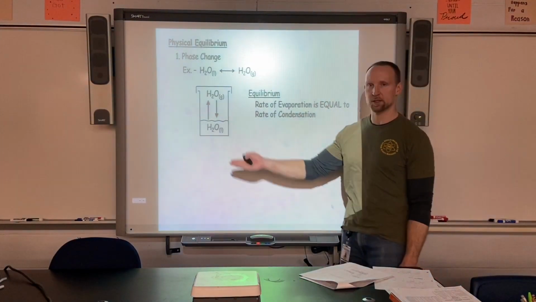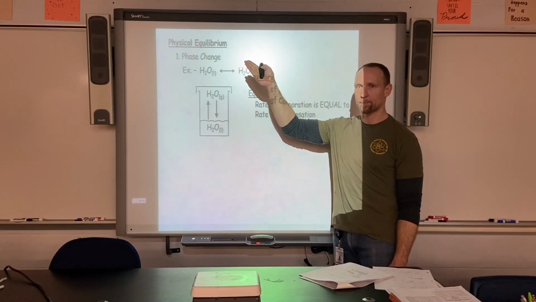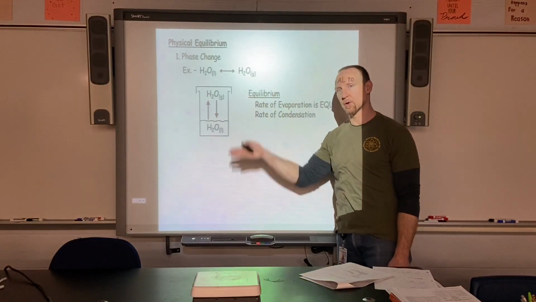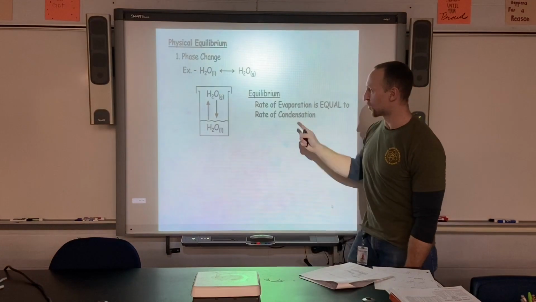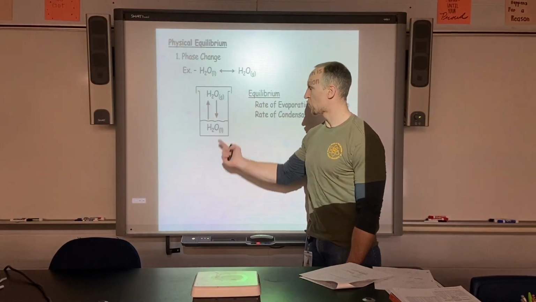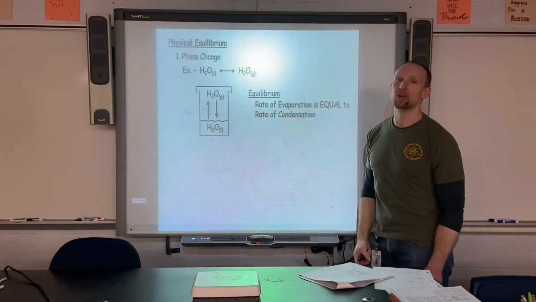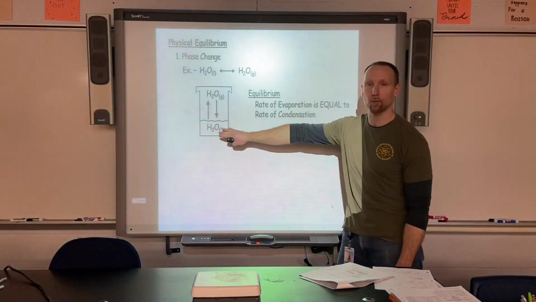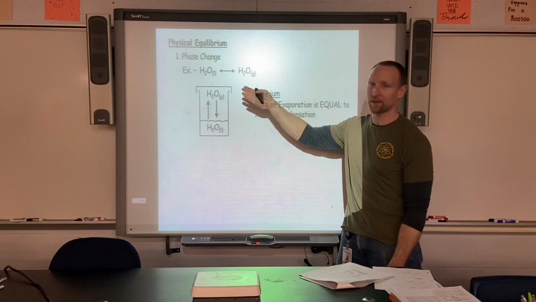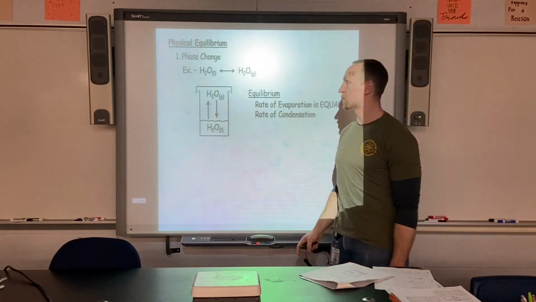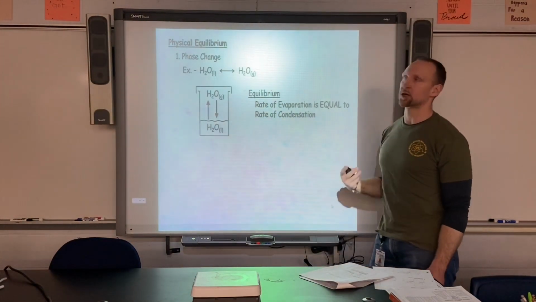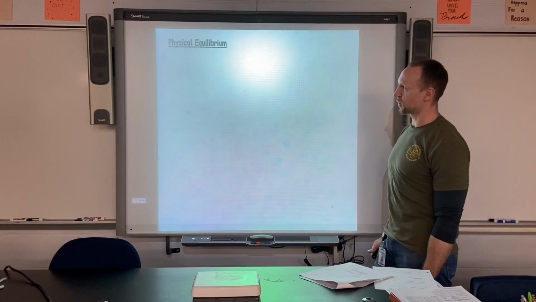The water is evaporating, but then it's also recondensing and going back down into the liquid phase. So when we're at equilibrium, the rate of evaporation equals the rate of condensation, and we don't notice any changes at all. The volume of water stays the same. The amount of gas that we can't see is staying the same as well, and we don't notice any observable change, right? That's a physical equilibrium.